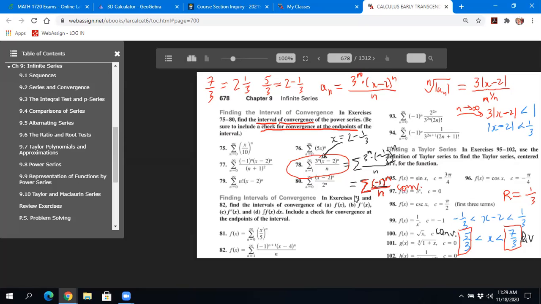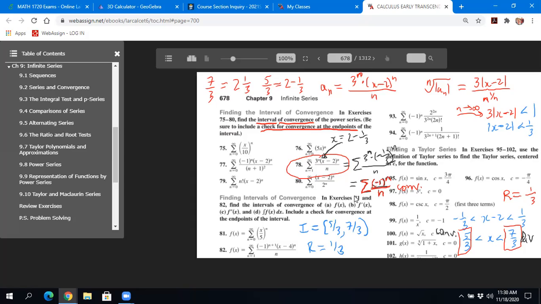Okay, so what is the interval of convergence in the end? Bracket 5/3, 7/3, open. Yeah? And of course, the radius of convergence here is 1/3. And incidentally, did I have to use the root test there?